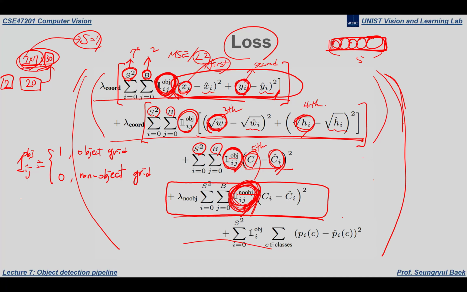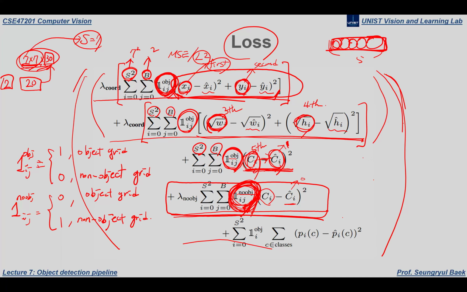So, no object. If that grid does not have an object, this becomes 0, and the ground truth is 1 for an object grid. So the prediction is pushed close to 1, but for a grid which does not have an object, its confidence value is forced to go to 0.